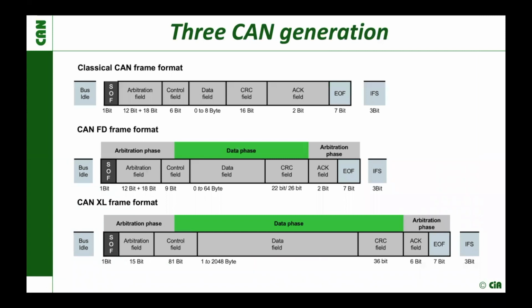To have a direct overview, we see here on the slide the 3 CAN frame formats. The principle of the CAN data frames has not changed so much. You can see the 3 generation frame formats always have almost the same fields. What has mostly changed is the size of the data field.